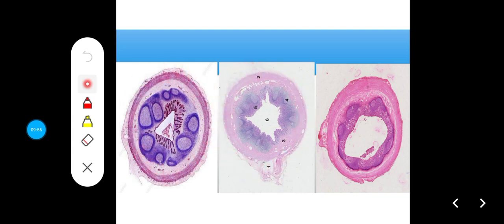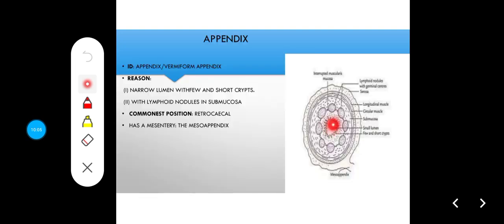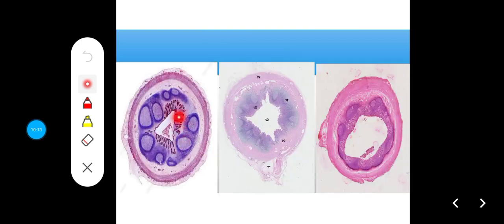So look at this as well. Lymphoid follicles give the appendix away. Look at the lumen, the lymphoid follicles, the submucosa. There are no villi here, so you will not call it the ileum. So look at the closely packed lymphoid follicles.